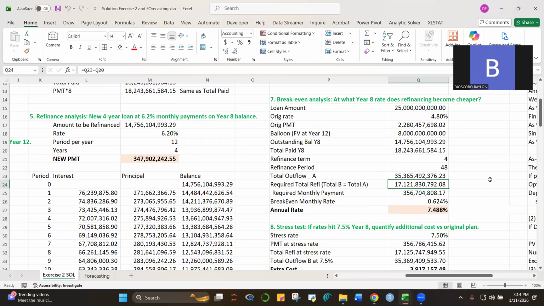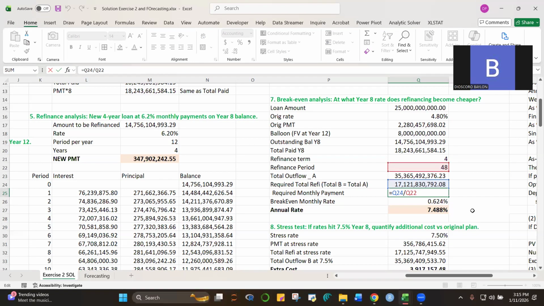To do that, we just have to get the monthly amortization. So 17 is the total amount that we can go, the highest cash flow for years 9 up to 12. And then we divide this total amount by the number of periods, which is 48.